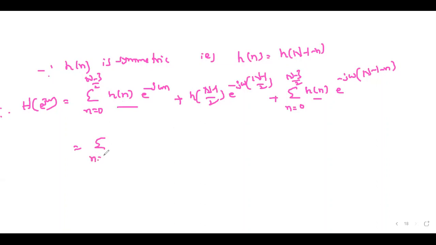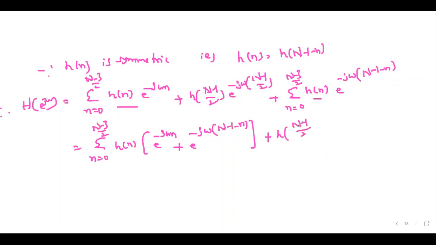Therefore, summation n is equal to 0 to (N minus 3) by 2 of h of n into [e power minus j omega n plus e power minus j omega of N minus 1 minus n], plus this term as it is, h of (N minus 1) by 2 into e power minus j omega of (N minus 1) by 2.